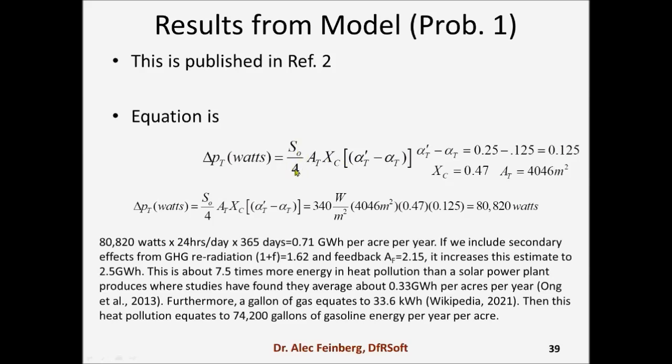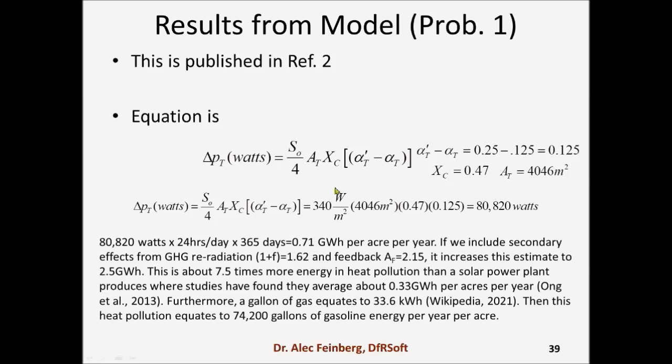Okay, so we have this is just your 340 coming in. The XC is your irradiance, so that's 0.47. So there's the 340 and the 0.47. And then we have the area of an acre, which is about 4,000 meters squared. And we have the difference in albedo between the black roads and roofs versus the natural land.